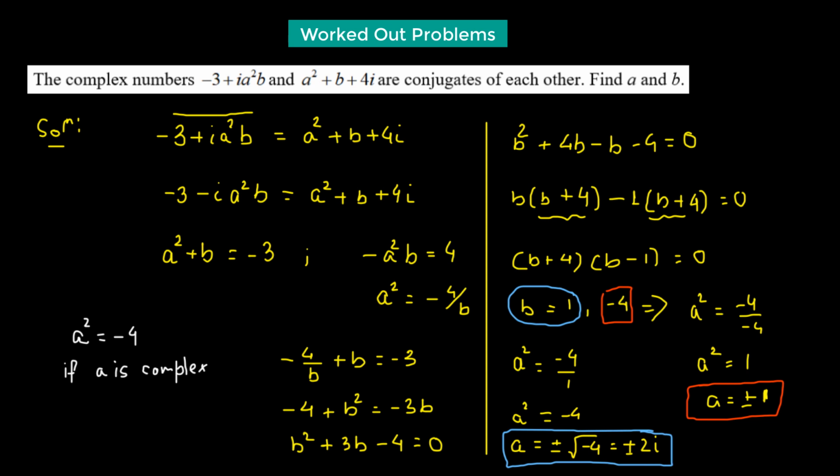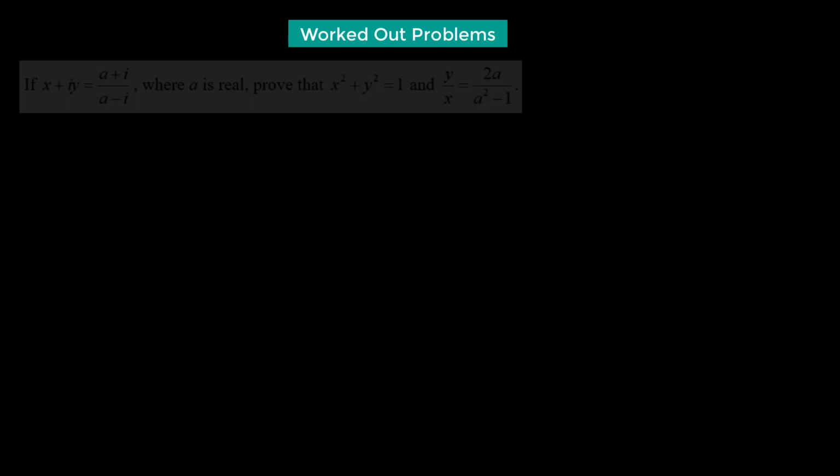I can say it's a purely imaginary number. Then only it is possible. Since the question doesn't mention whether a and b are real or imaginary, we will accept this value. The complex numbers are a much bigger set compared to real numbers, so you can assume both imaginary as well as real values. So we are getting both a real value, a equal to plus or minus 1, and an imaginary value, which is plus or minus 2i.